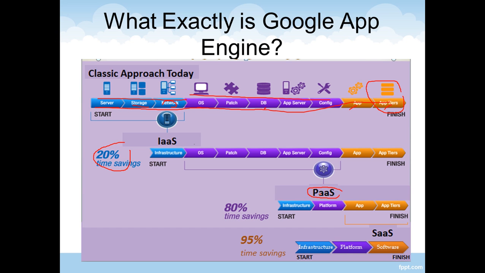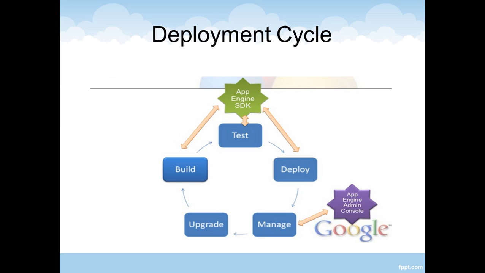So think, we have a $10 million website and now we save 80% of it. Then if we use software as a service, we don't have to manage even this. We just use the software. It saves us 95% of the time. So that's the reason cloud computing is a prominent area and it's adopted by almost all organizations. Okay, now coming back to Google App Engine.